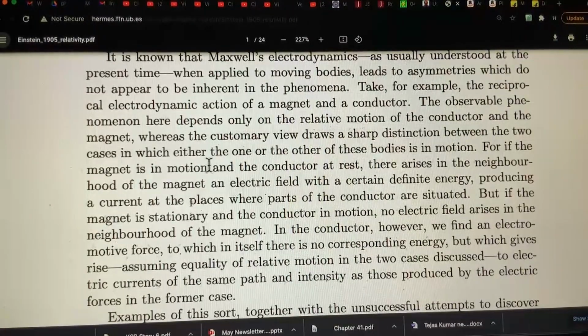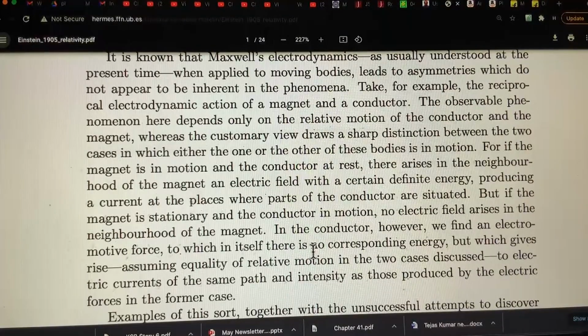If the magnet is in motion and the conductor at rest, then the interpretation is that the moving magnet creates an electric field, and that electric field creates current. Whereas in the other case, if the magnet is stationary and the conductor is moving, then there is no electric field, but the moving coil in the magnetic field of the magnet creates an EMF, the electromotive force, and that drives the current.